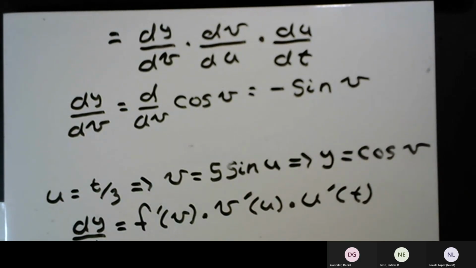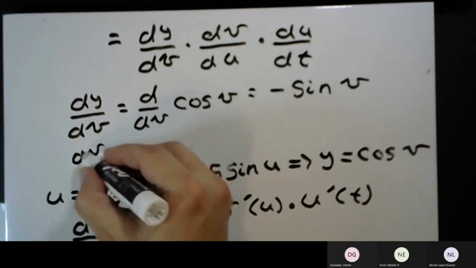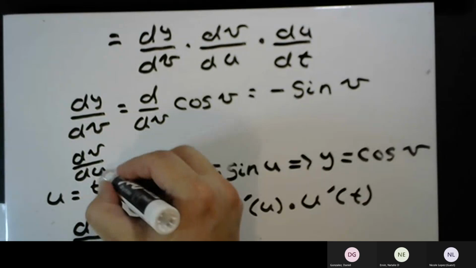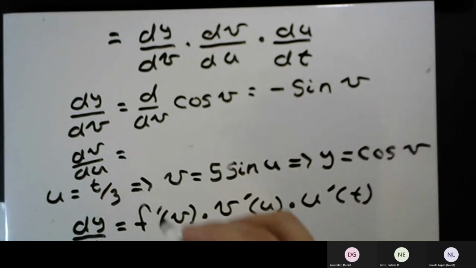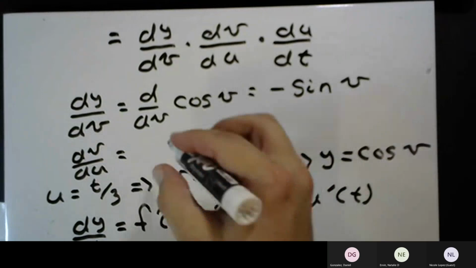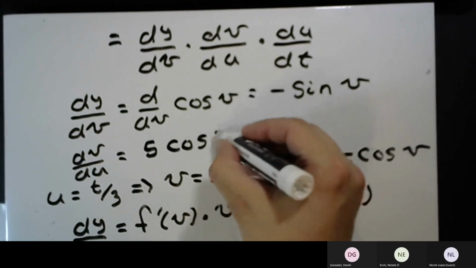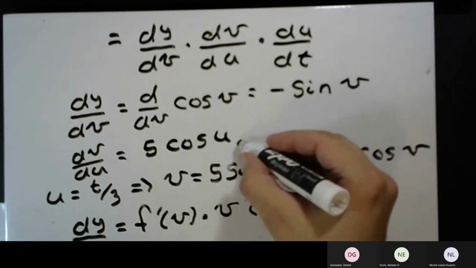And then dv du will be, let's see, so this is our v. It's going to be 5 times the cosine of u.